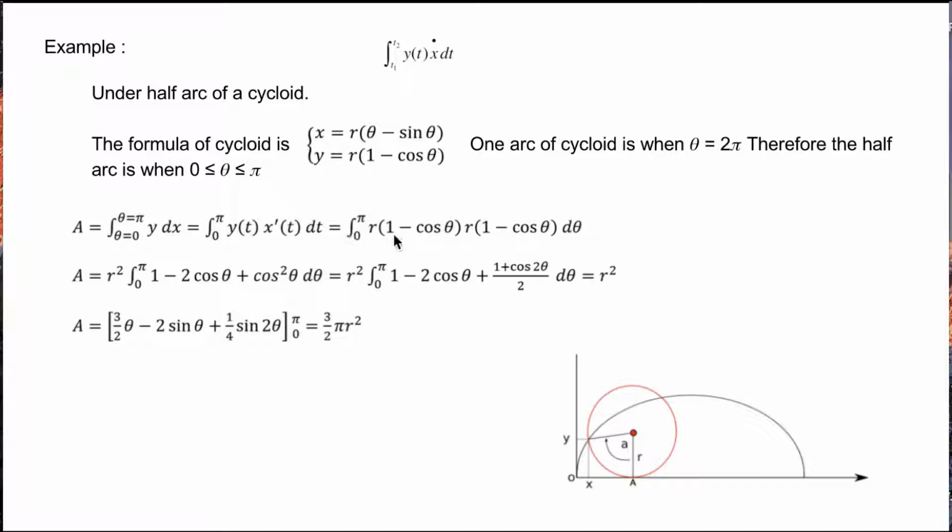That becomes r(1 minus cosine theta) multiplied by r(1 minus cosine theta), because after you differentiate x, r(theta minus sine theta), it becomes r(1 minus cosine theta). And we just do the integral, and finally the solution becomes 3 over 2 pi r squared.